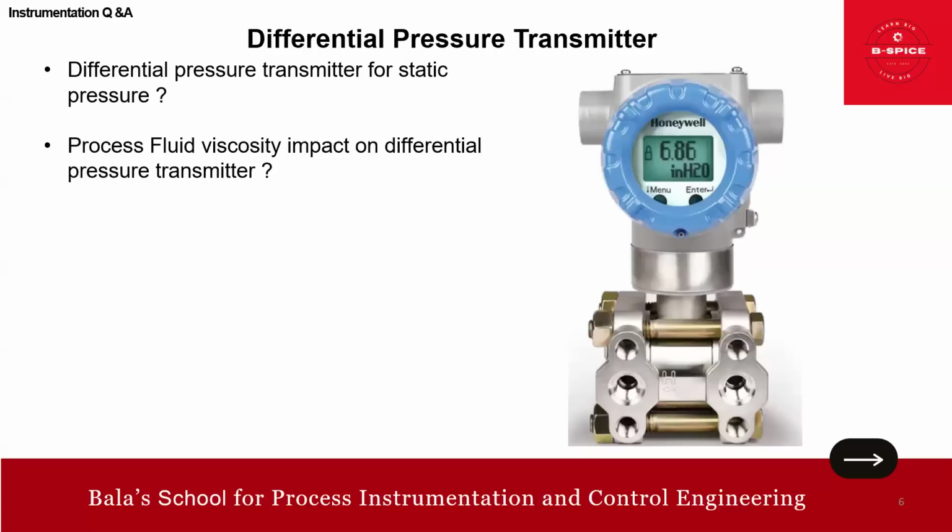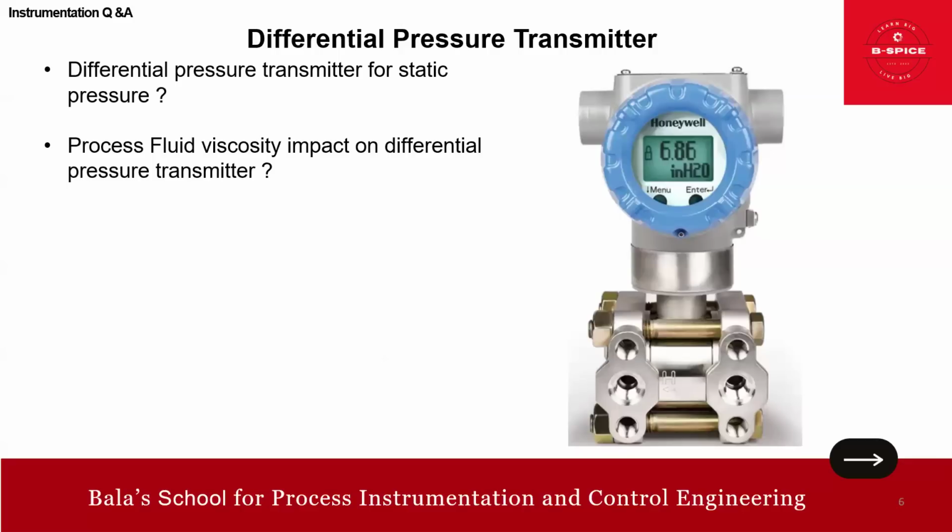The viscosity of the process fluid can affect the measurement of a differential pressure transmitter by causing non-linearities or delay in the pressure transmission, especially if the pressure ports or impulse lines are small or long.